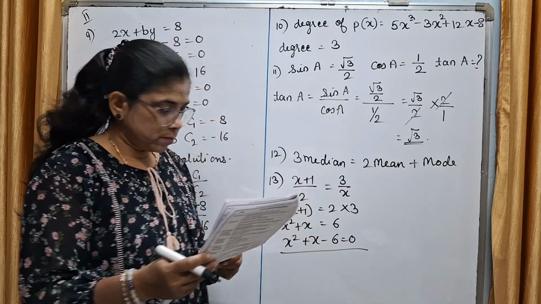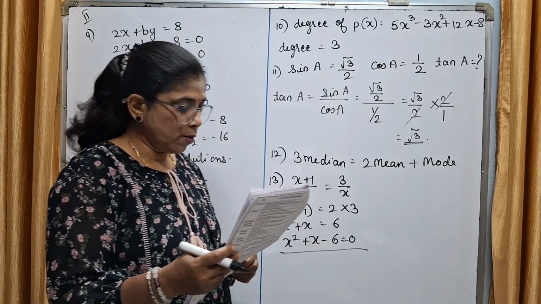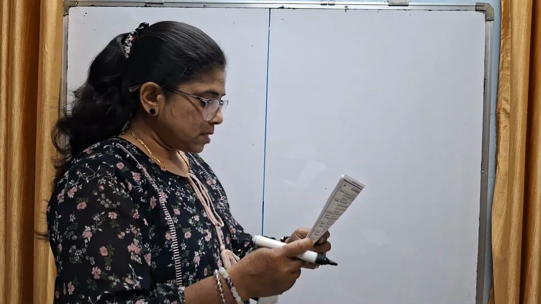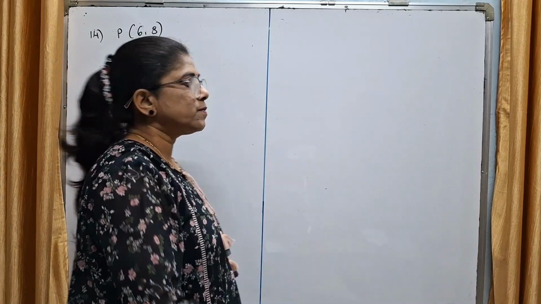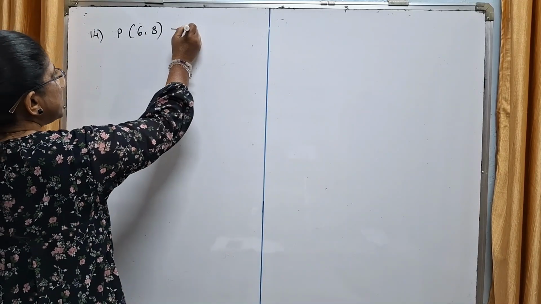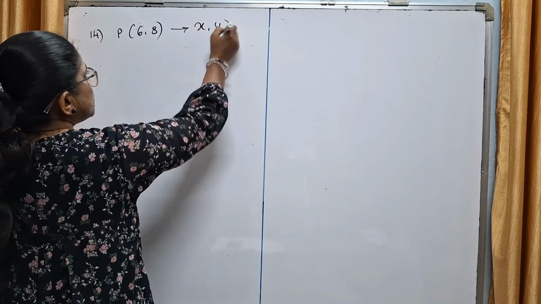Okay. So let's move to sum number 14. Sum number 14 is find the distance of point (6, 8) from origin. Let this (6, 8) be x and y.